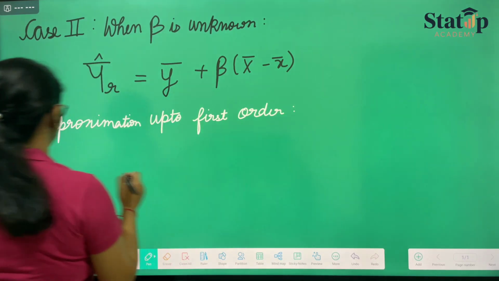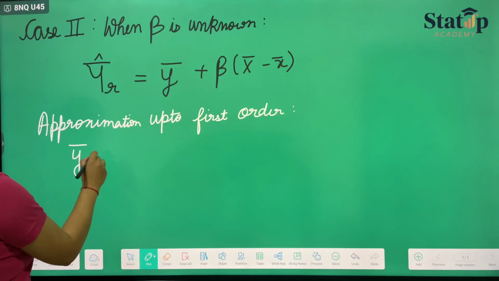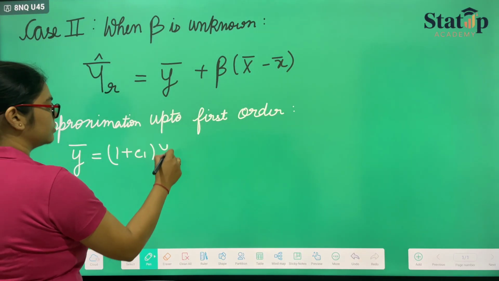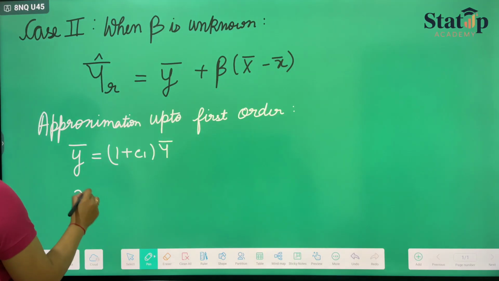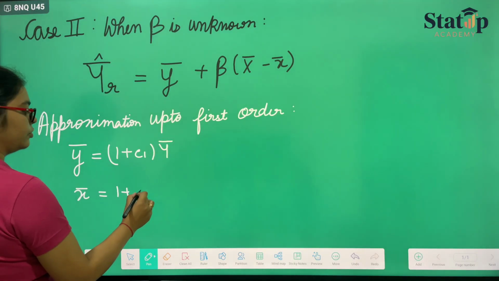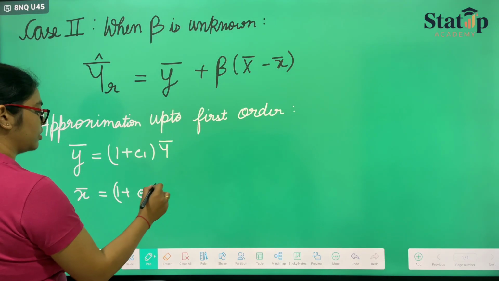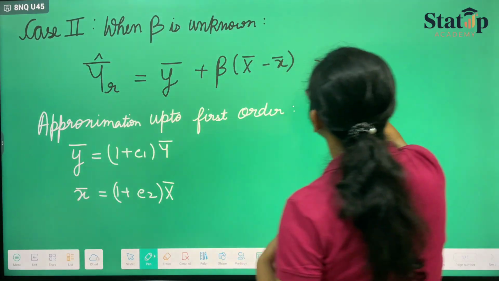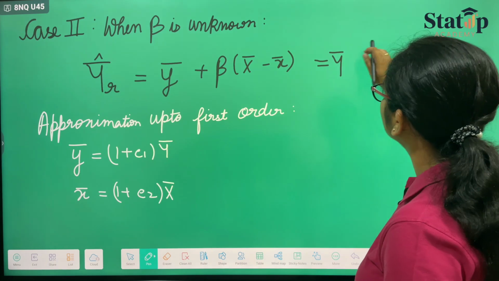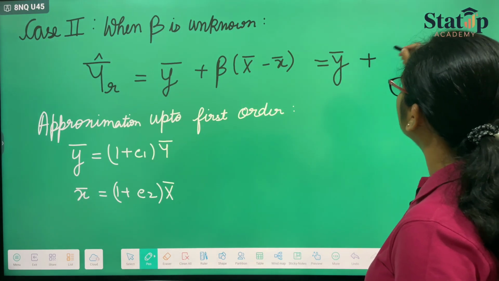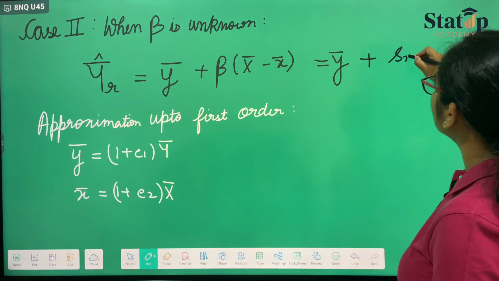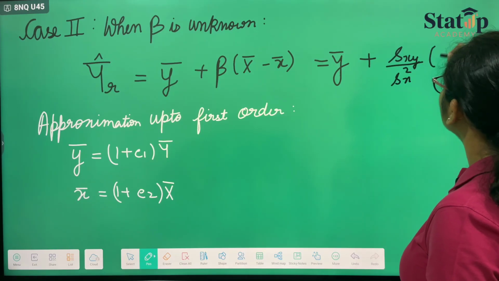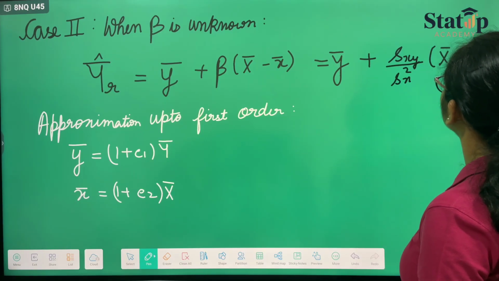If we consider small y bar is equal to 1 plus e1 capital Y bar, small x bar is equal to 1 plus e2 capital X bar. Now this beta can also be written here as y bar plus sxy upon sx whole square into capital X bar minus small x bar.